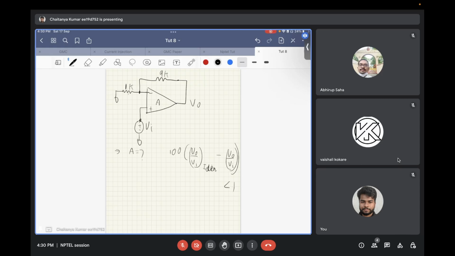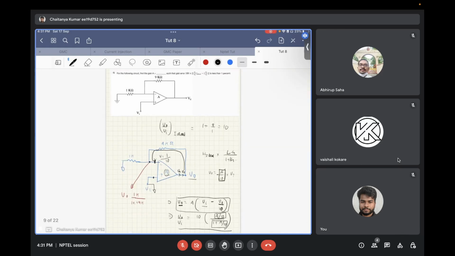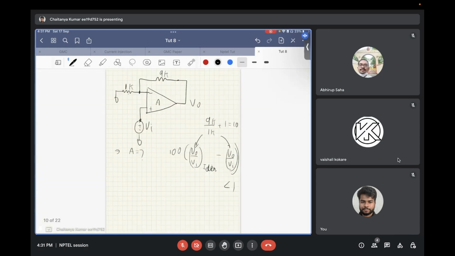For that, first of all, find the ideal gain, which is the gain of a non-inverting amplifier, 9 kilo ohm by 1 kilo ohm plus 1, that is equal to 10. And the real gain you need to find out. So the traditional way I showed you over here: from there you get 10 times A naught by 10 divided by 1 plus A naught by 10.